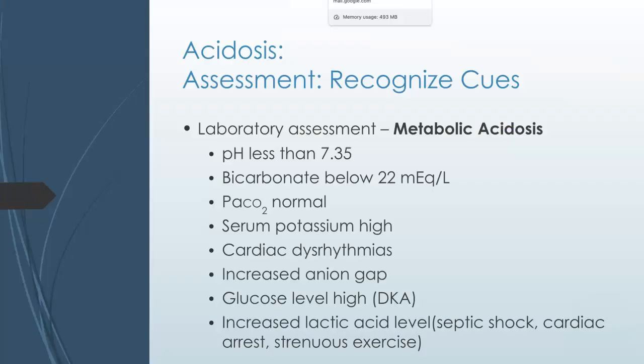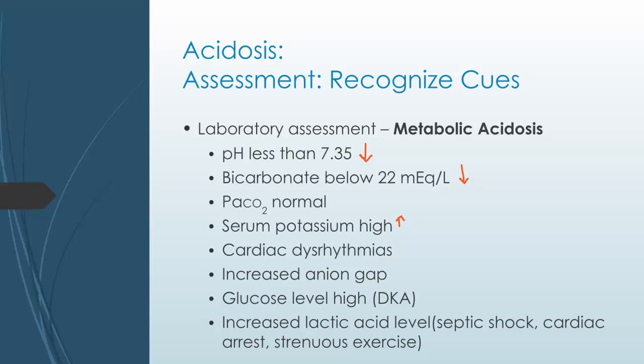Now with our metabolic acidosis, the pH is again going to be less than 7.35, but our bicarb, also known as our HCO3, is going to be below 22. So again, notice that they're going in the same way. So metabolic, equal. Our PaCO2 is going to be normal. Potassium is going to be high again because this is acidosis. It doesn't matter if it's respiratory or metabolic.